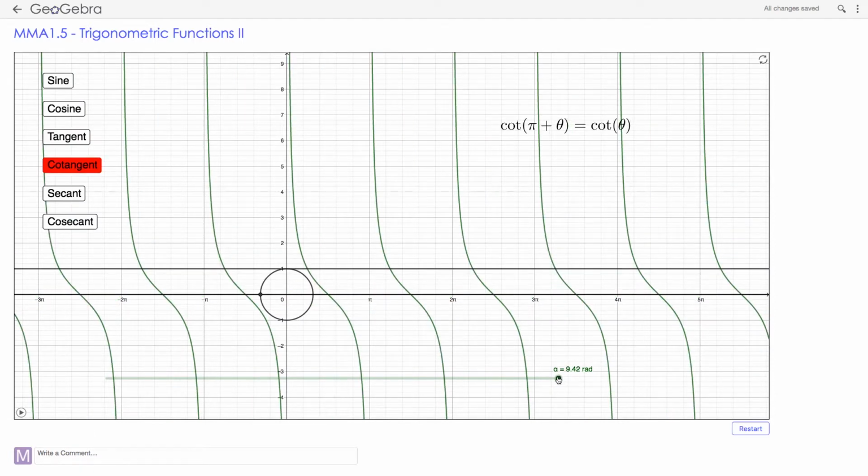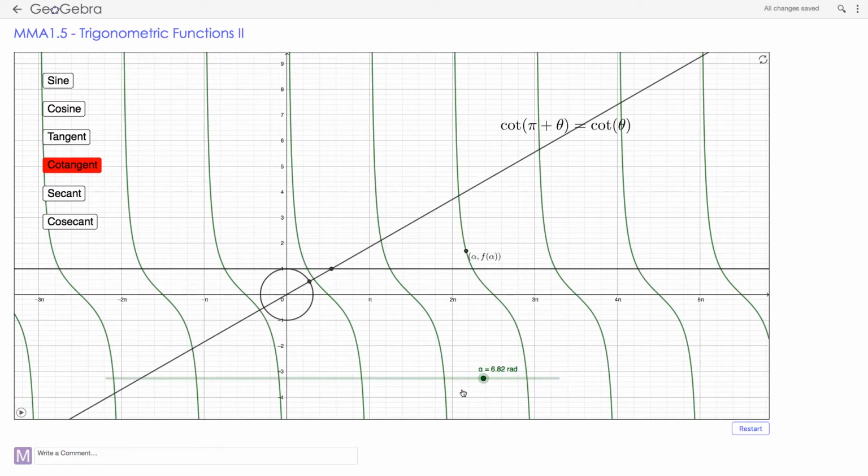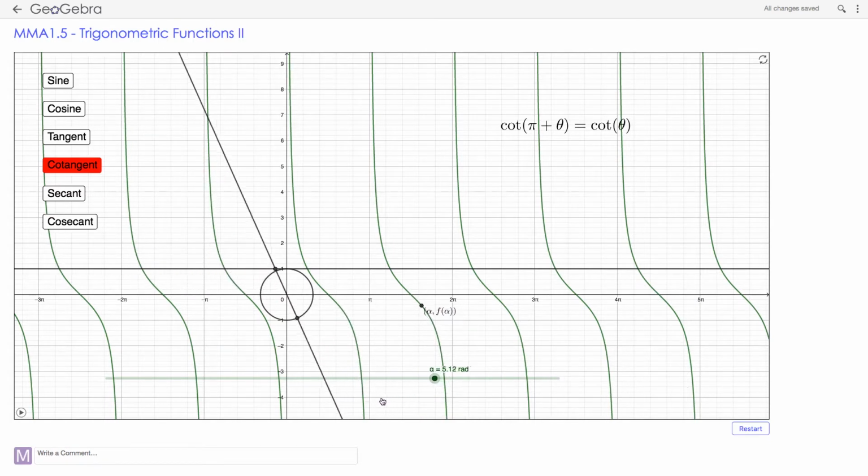Cotangent, same story, only the crossing point is between the line we had before and this line here, which has equation y equals 1. So you get something like this, right?